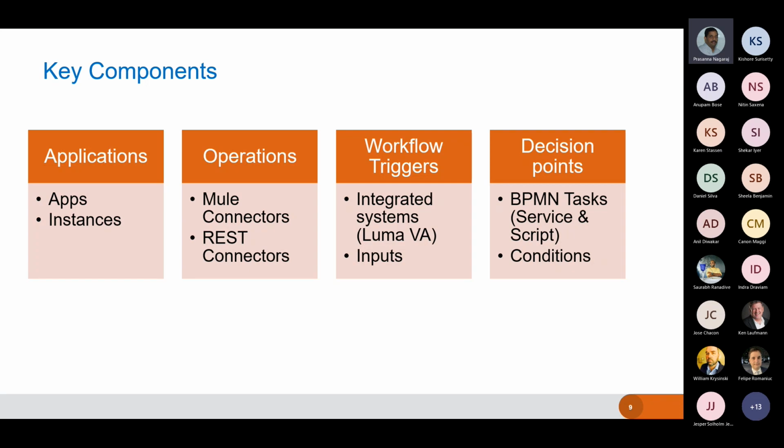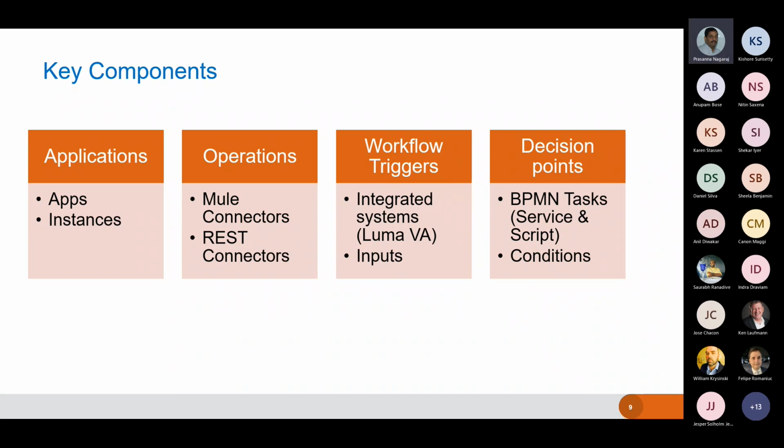Along with triggering the workflow, we also need to supply the inputs required for that particular workflow. So you would pass all the required information along with the payload to trigger a particular workflow. Integrated systems like Luma, VA, and others will be integrated later.